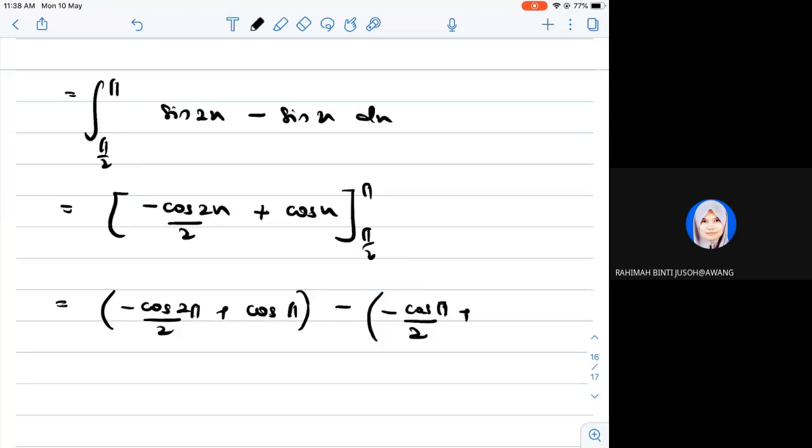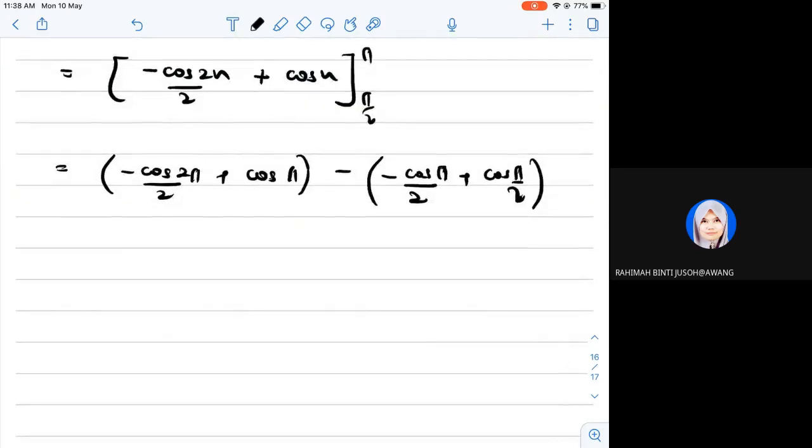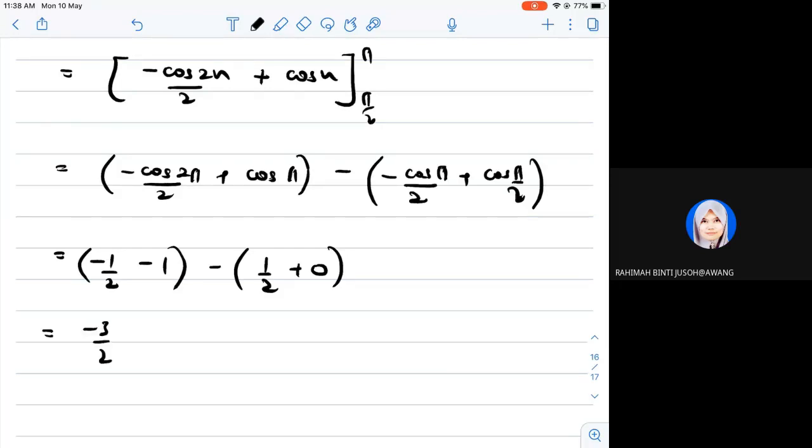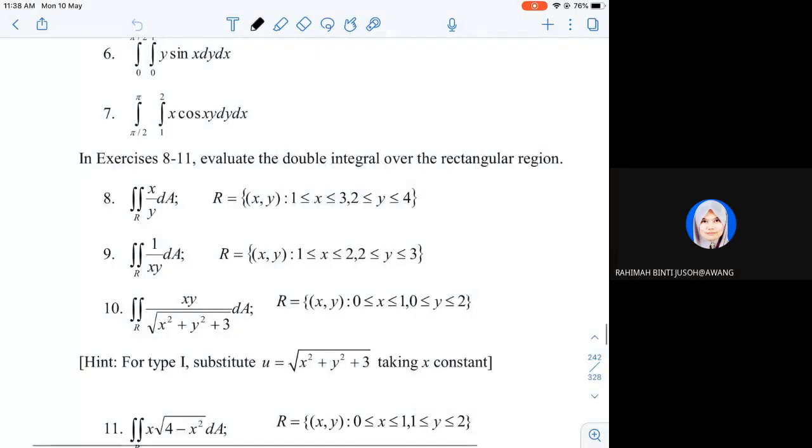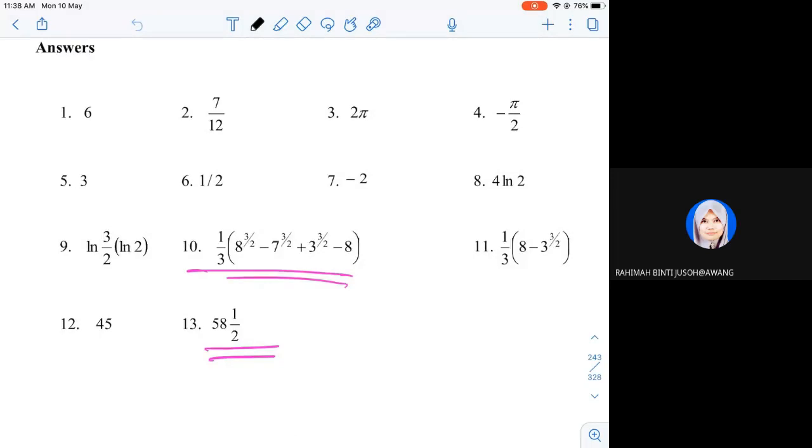Per 2 ni letak je balik. Cos pi per 2. So cos 2 pi negatif 1. Negatif 1 per 2. Tolak 1. Tolak negatif 1 jadi positif 1 per 2. Cos pi per 2 tambah kosong. 1 per 2 negatif 3 per 2. Tolak 1 per 2. Negatif lah apa dia? Negatif 2. Question number 7. Negatif 2 betul lah.